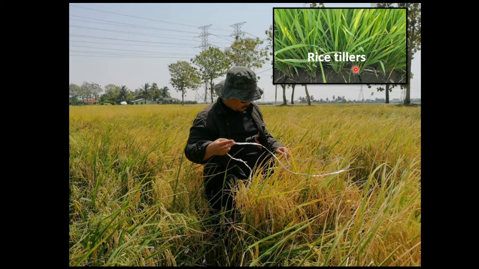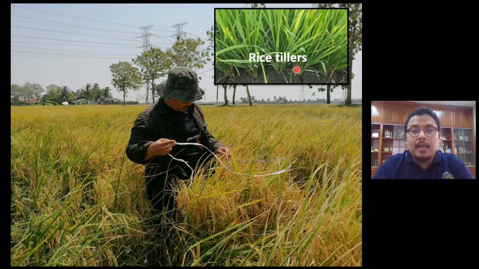For many mat plants, not only rice, trying to determine the root zone requires lifting and pulling out the plants from the mat. This can possibly cause injury to the plants.